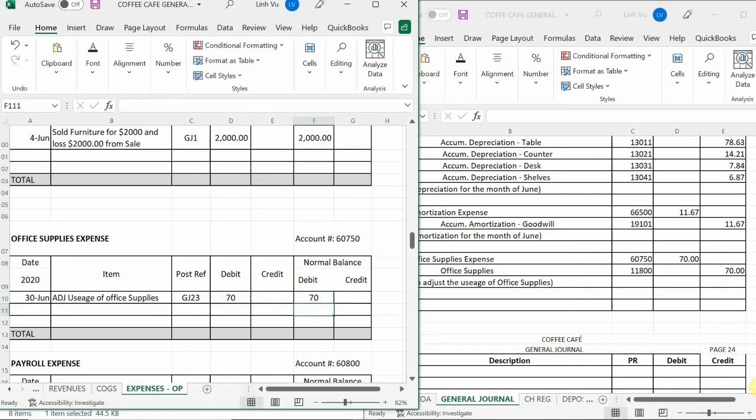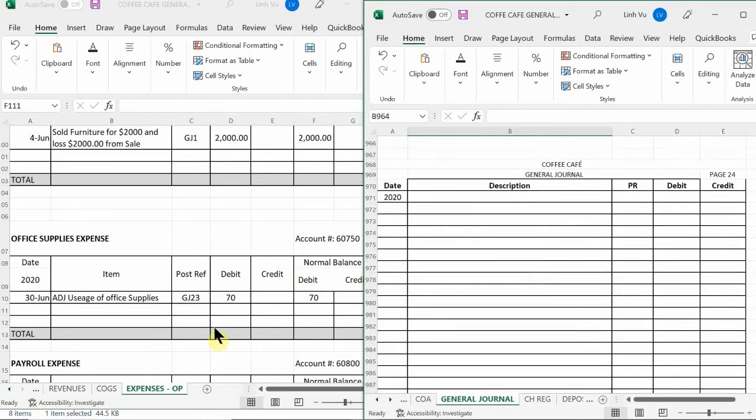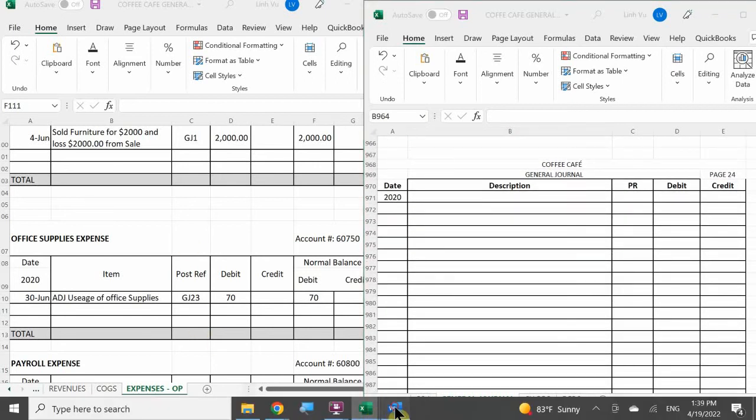Okay. And we're going to debit it for $70. Okay. So that means the last couple transactions, we're going to start on page 24.